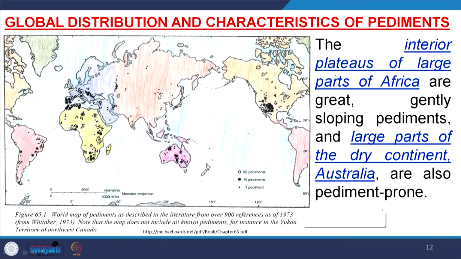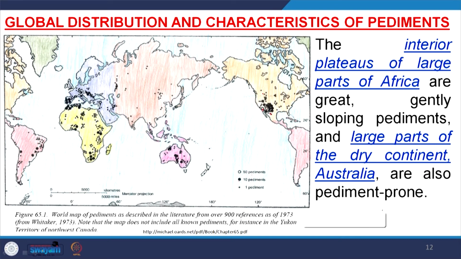Now, if you see the global distribution and characteristics of pediments, mostly the interior plateaus of a large part of Africa are great gentle sloping pediments, and a large part of the dry continent Australia are also pediment prone areas. Similarly, here you see this is pediment 1, this is 10 pediment, then 50 pediment.